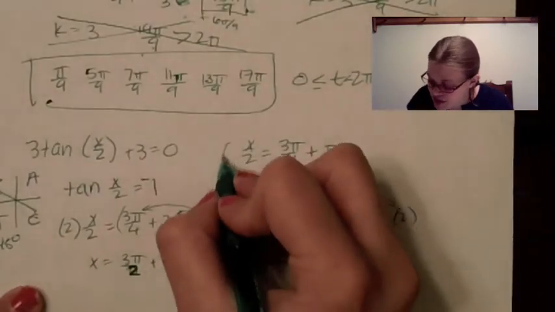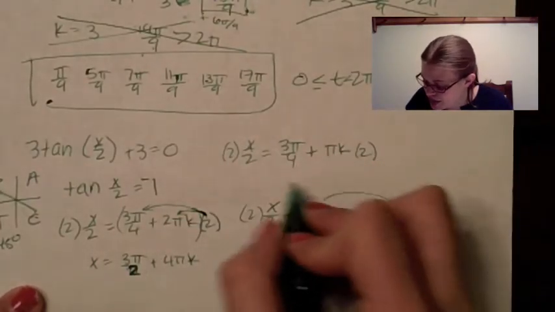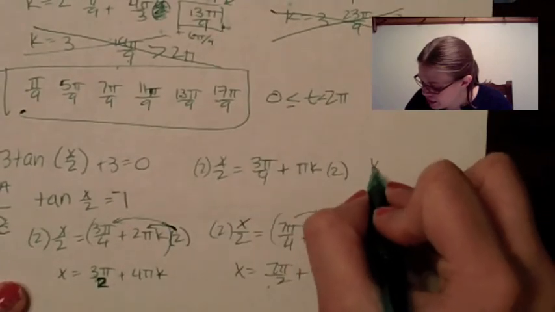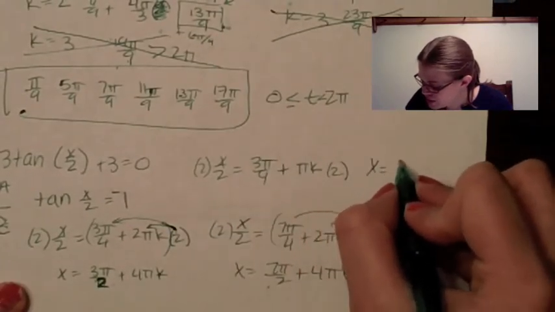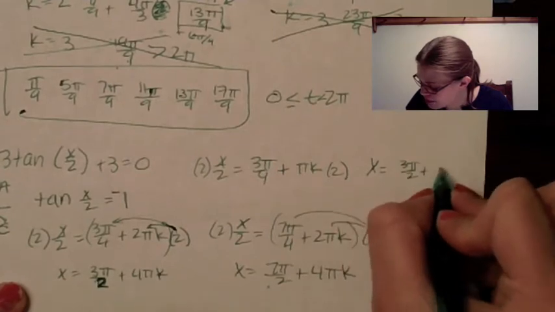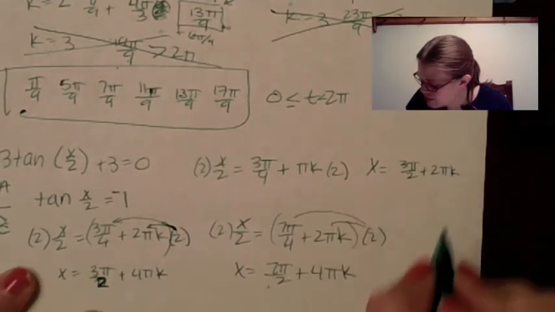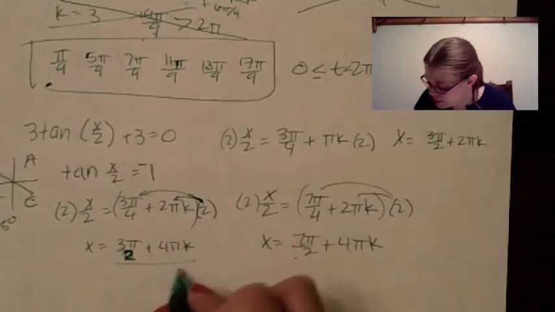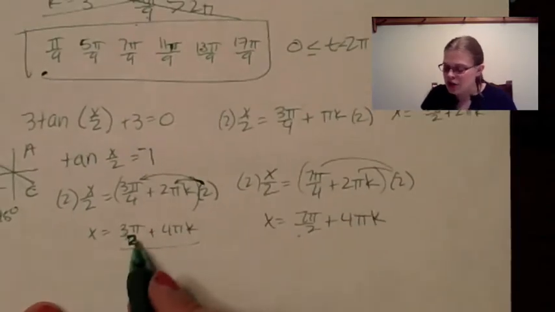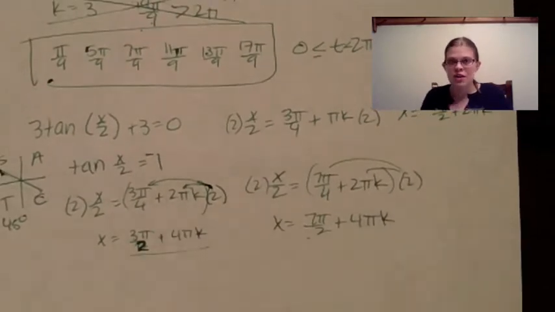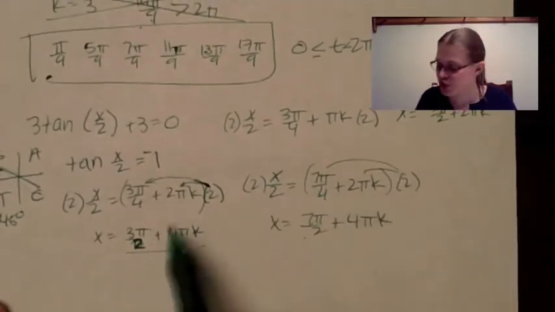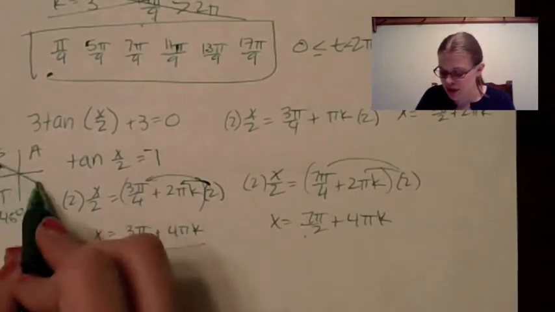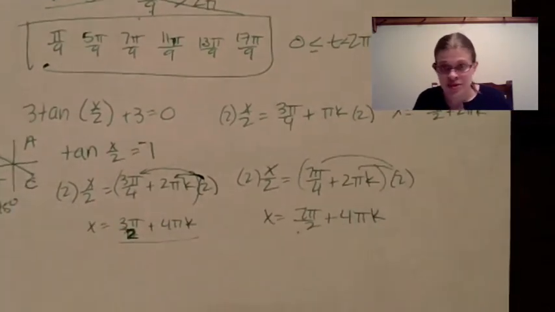So then I could solve this equation, and I could multiply by 2, so then I would get, we'll do it over here, x equals 3 pi halves plus 2 pi k, right? So rather than have plus 4 pi k, it would be plus 2 pi k. So rather than have 2 equations and plug in things to 2 equations, I can shorten it and have 1 equation representing both parts here, which is nice.